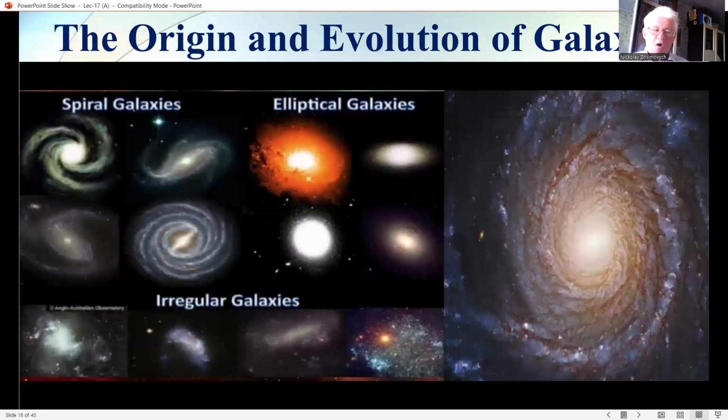The test of any scientific understanding is whether you can put all the evidence and theory together to tell the history of the object studied. Can you describe the origin and evolution of the galaxy?